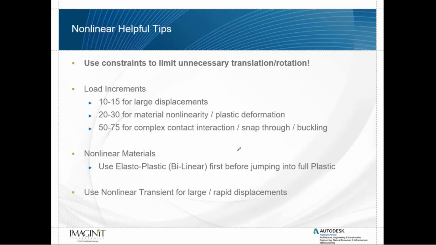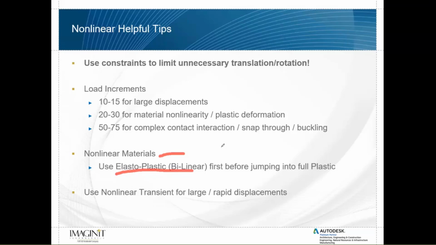Nonlinear materials: if you are doing a nonlinear material analysis, I recommend starting with elastoplastic. This is your curve where you estimate that tangent modulus. I recommend using either the default tangent modulus, which is 10% of your Young's modulus, or if you have test data, you can calculate the tangent modulus from your ultimate tensile strength and your yield strength.